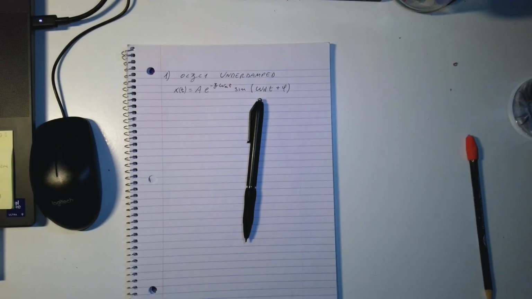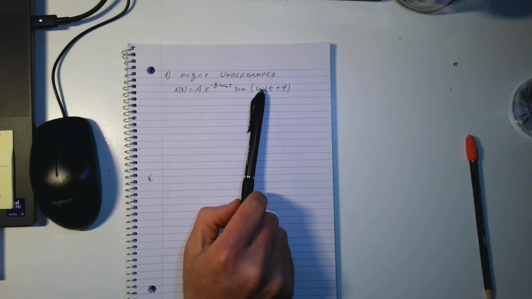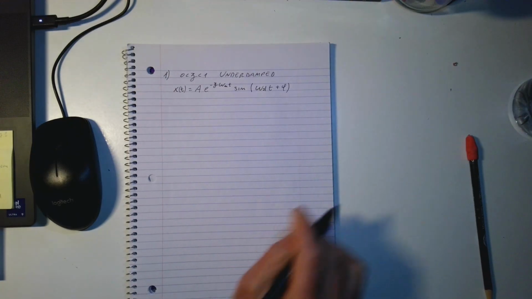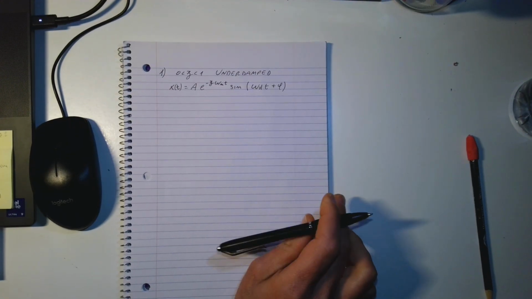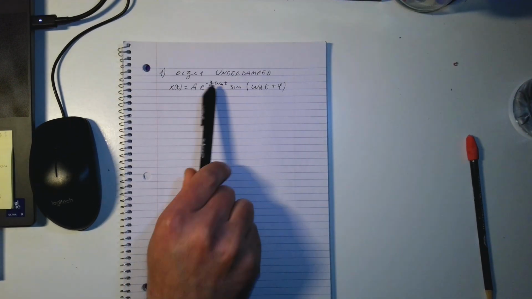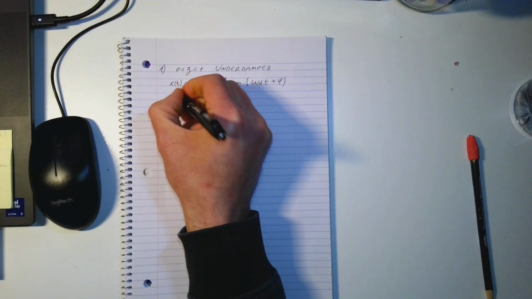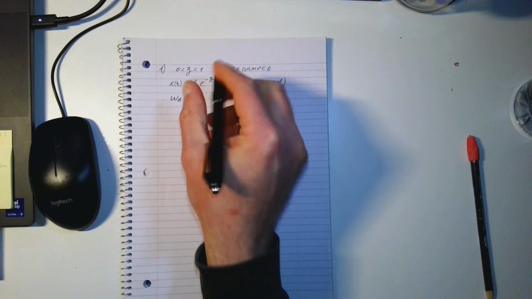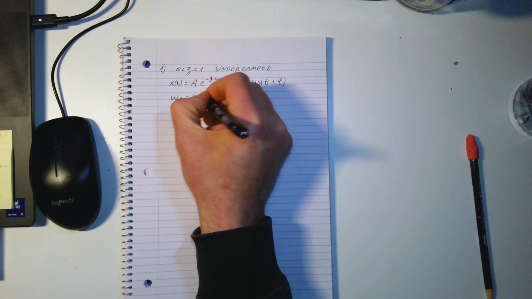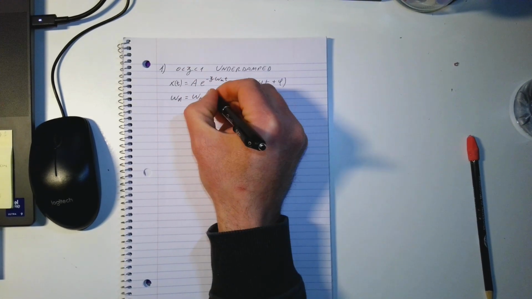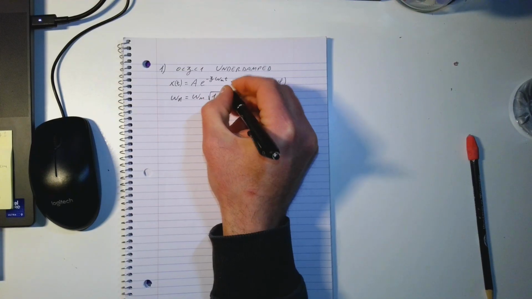Now here we can see that there is a new parameter, which is omega d, the damped natural frequency, which is also related to the natural frequency. The relation is the following: omega d is equal to omega n multiplied by the square root of 1 minus zeta squared.